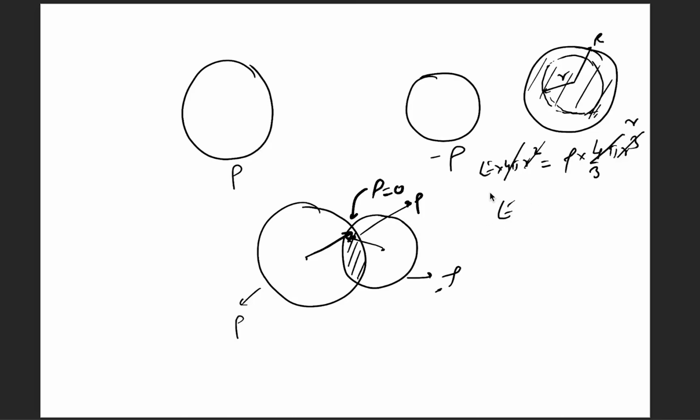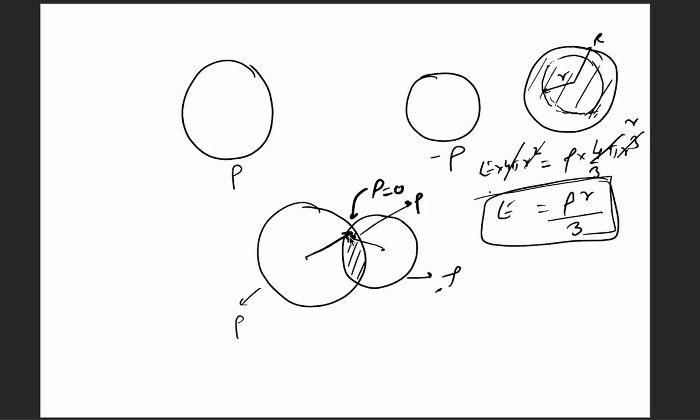So E is simply ρr/3. So inside a uniformly charged sphere with uniform charge density, this is the expression for the electric field.